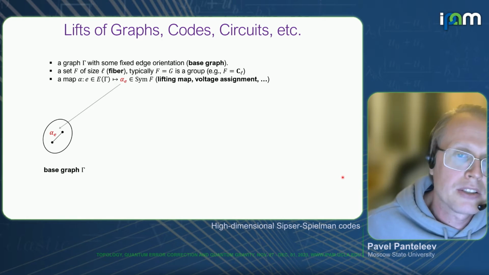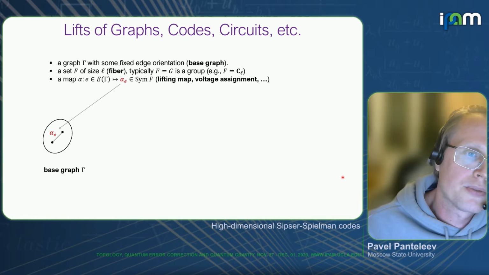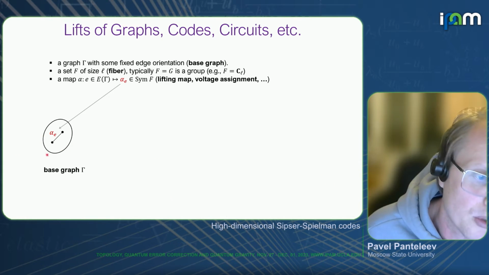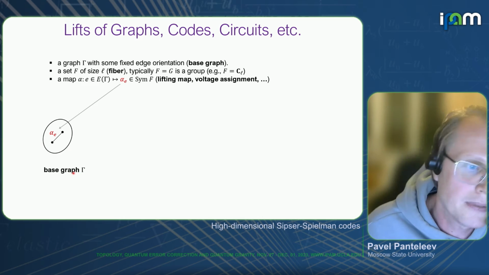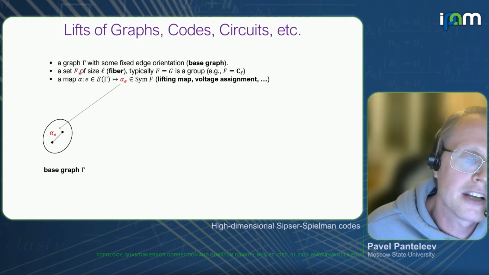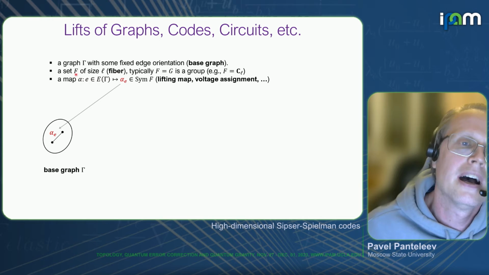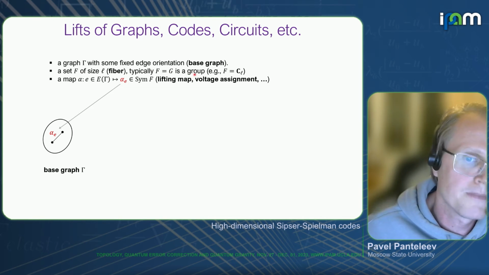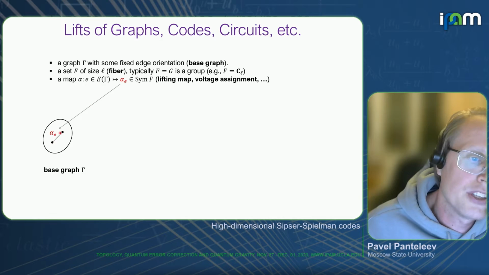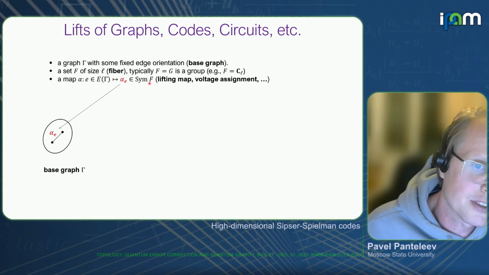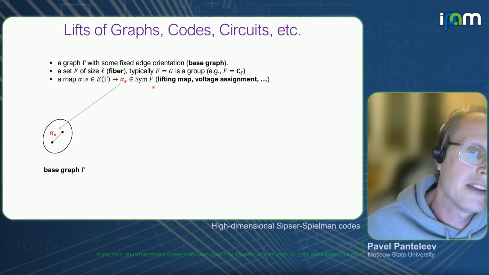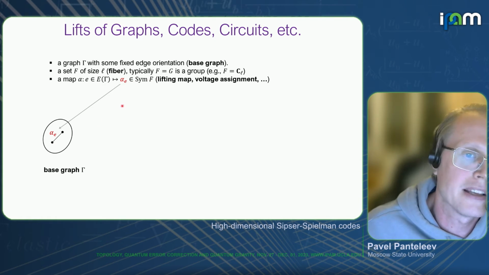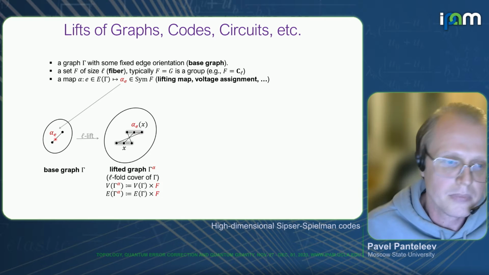But in order to describe this construction, I first need to describe the idea of a lift. First of all, we have some small graph which we call a base graph, and we fix some set, which we call a fiber, and typically this fiber is just some group. We assign to each edge of this base graph some permutation of this set F, and typically it's just a multiplication by an element of the group.